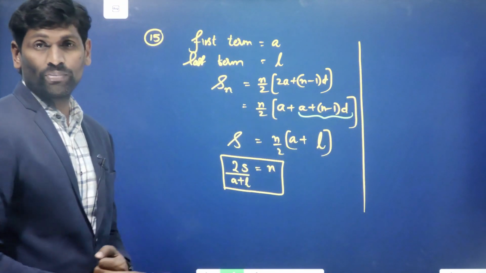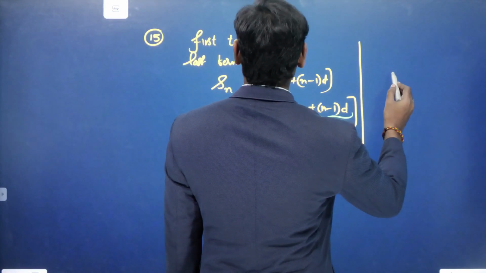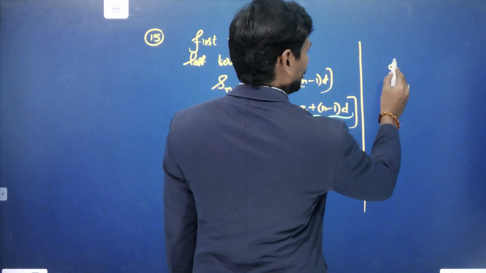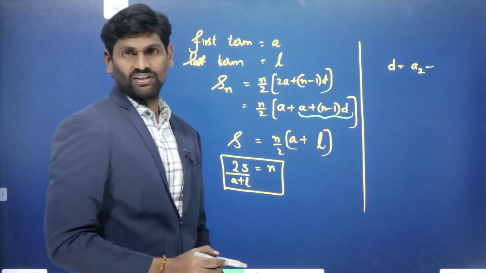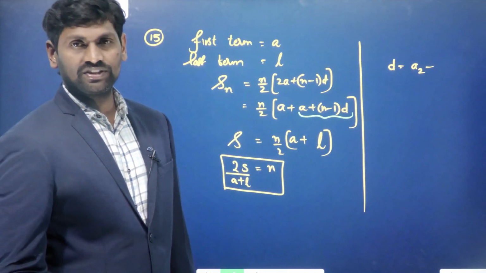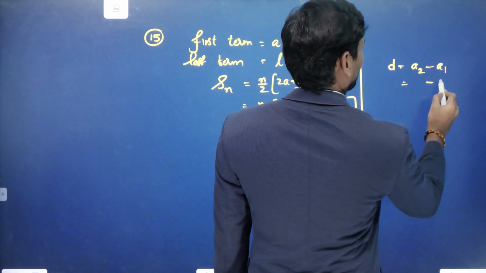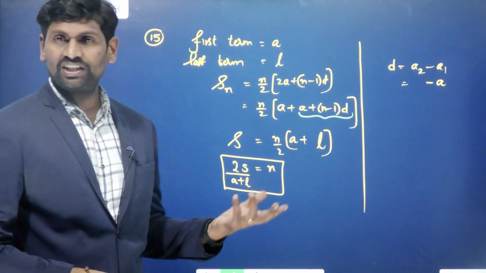I am taking the common difference from the nth term. Common difference d is equal to a2 minus a1, second term minus first term. First term we have already taken a, but what is the second term? Do you know the second term?